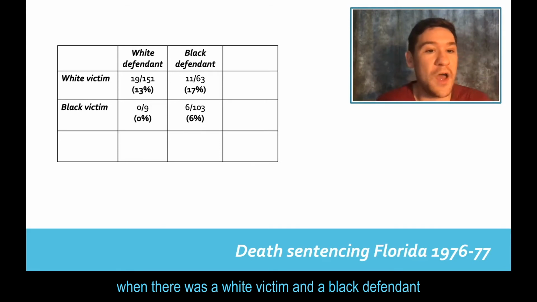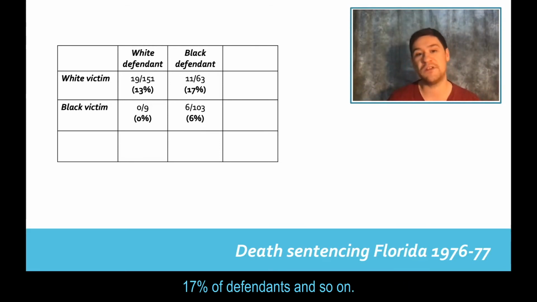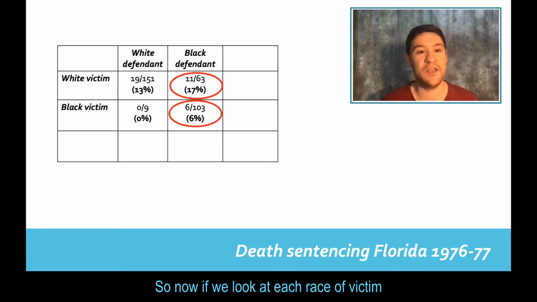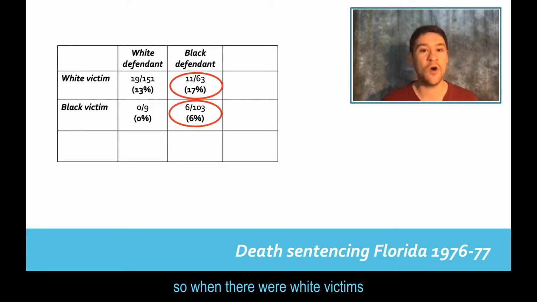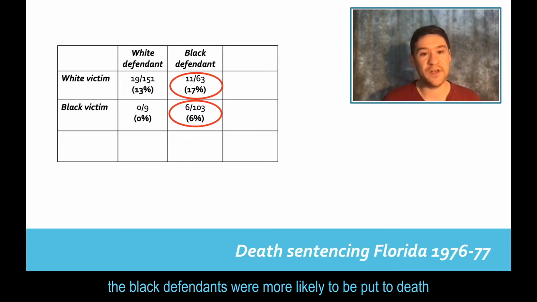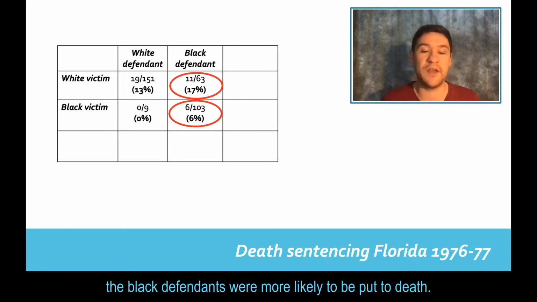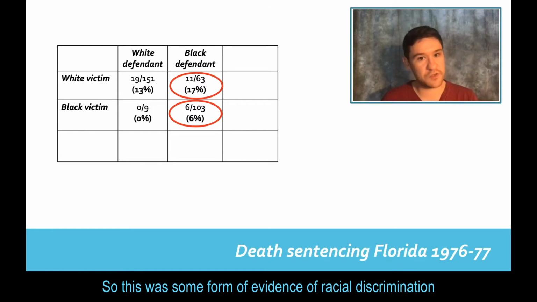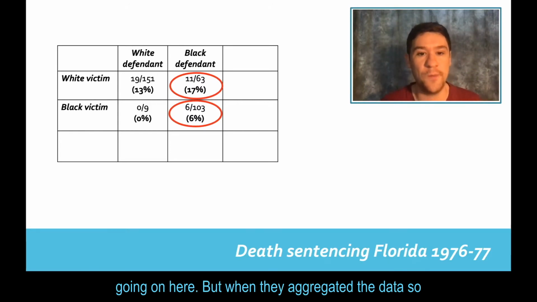When there was a white victim and a black defendant, 17% of defendants, and so on. Looking at each race of victim, when there were white victims, the black defendants were more likely to be put to death, and when there were black victims, the black defendants were more likely to be put to death. So this was some form of evidence that there's racial discrimination going on here.